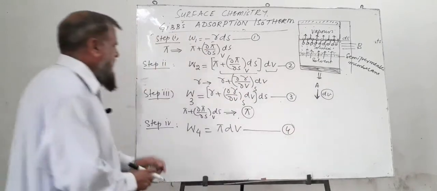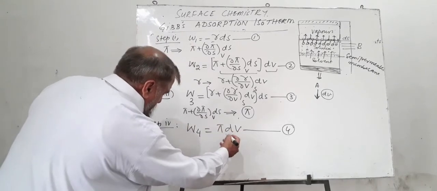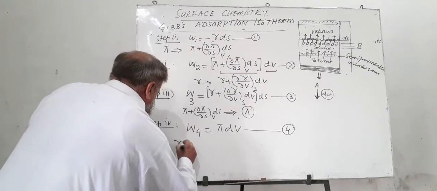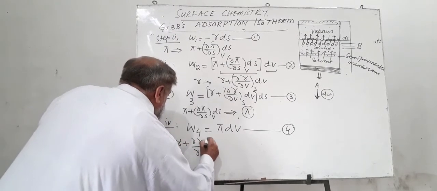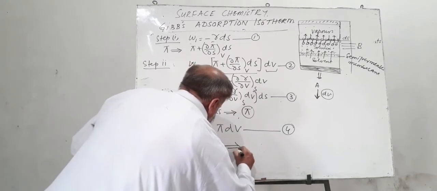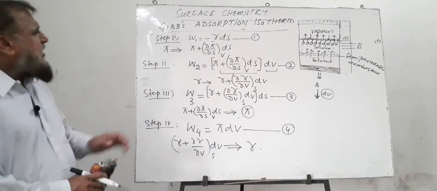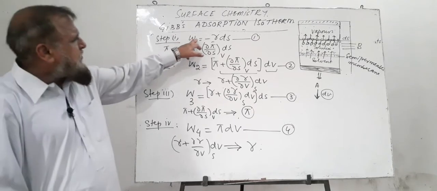Thus we have 4 work done. In the fourth step, the surface tension, which was actually γ + (∂γ/∂V_S) dV, changes to the original value γ. Now we have calculated the 4 types of work done.